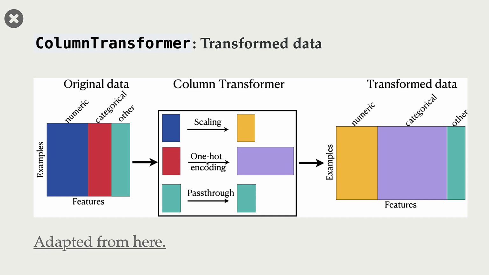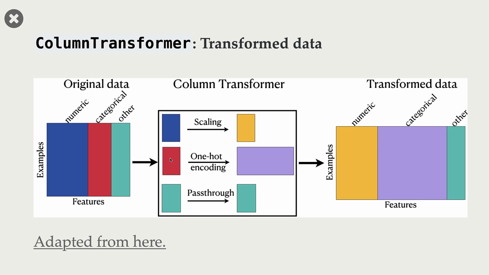Inside ColumnTransformer, we have different transformers. The first transformer applies scaling on numeric features. Now, after applying scaling, the number of columns are going to be the same, but the transformation is going to be applied, the data is going to be scaled, and we are going to have some different transformed data.